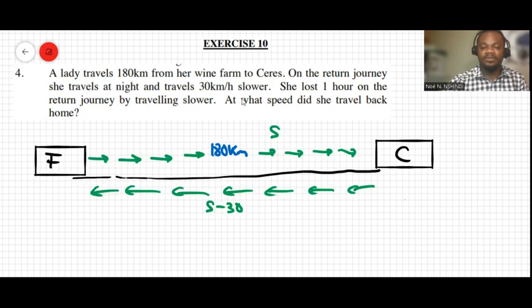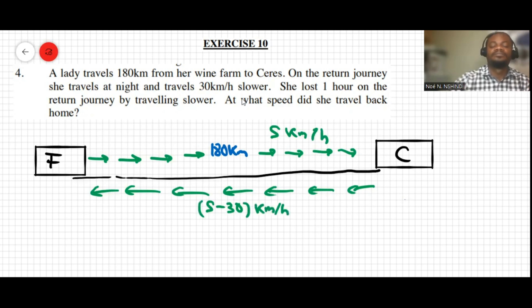If it was s kilometers there, it's going to be s minus 30 kilometers per hour.